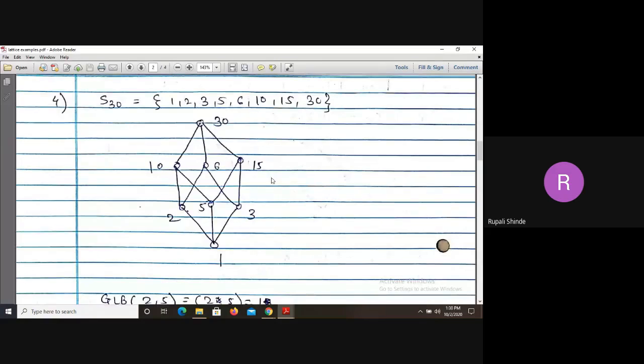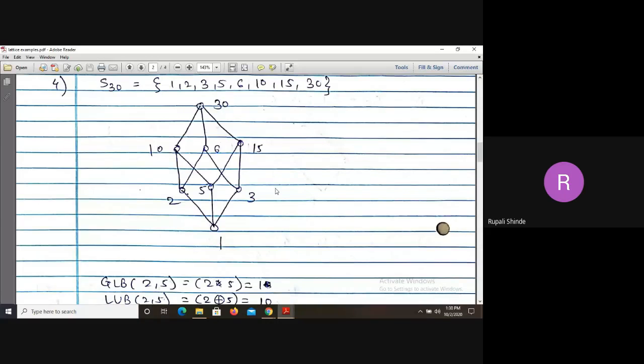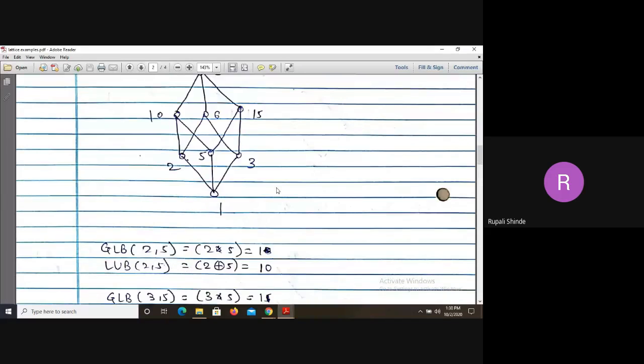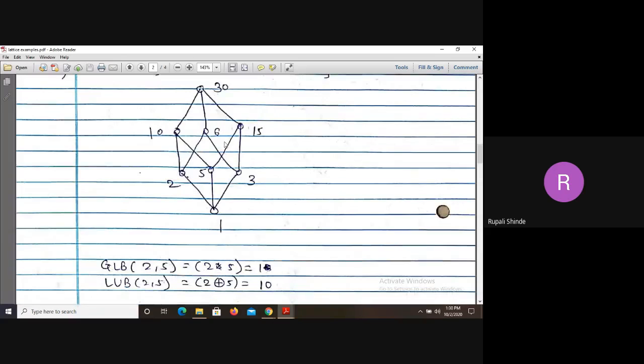Now we have to check the greatest lower bound and least upper bound. The first pair of elements I have considered is 2, 5. The greatest lower bound for these two elements is 1 and the least upper bound is 10. Now if you consider 3 and 5, the greatest lower bound is 1 and the least upper bound is 15. Again if you consider the pair 6 and 10, the greatest lower bound is 2 and the least upper bound is 30.